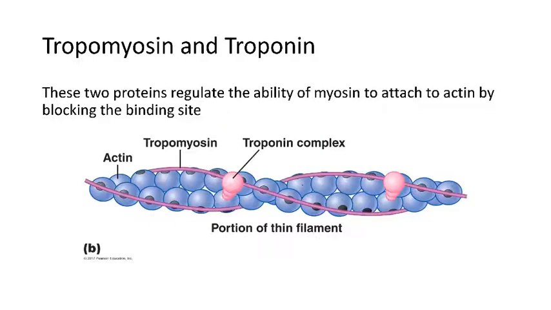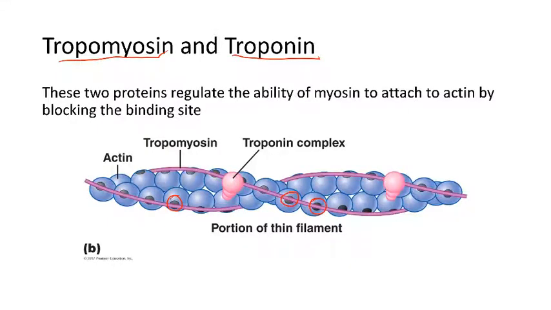Now, we need 2 more proteins to make this all work. We have the regulatory proteins because you don't want your muscles to be constantly contracting. They need to relax. We need to be able to control it. So to control muscle, we have tropomyosin and troponin. The key is tropomyosin wraps around the actin, and you'll see here it's blocking all of these little myosin binding sites.